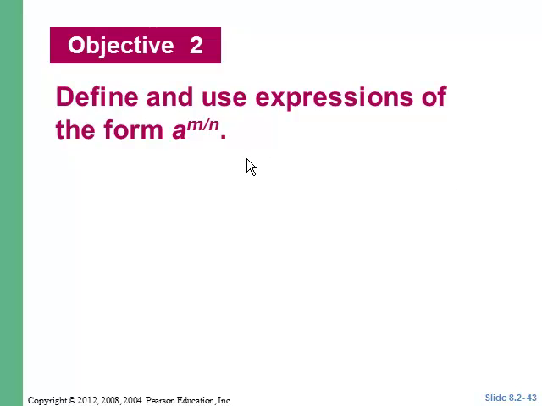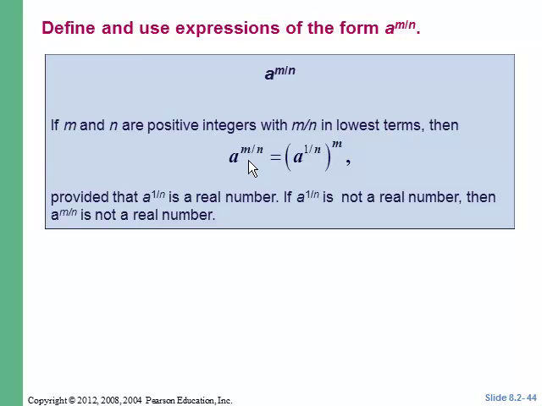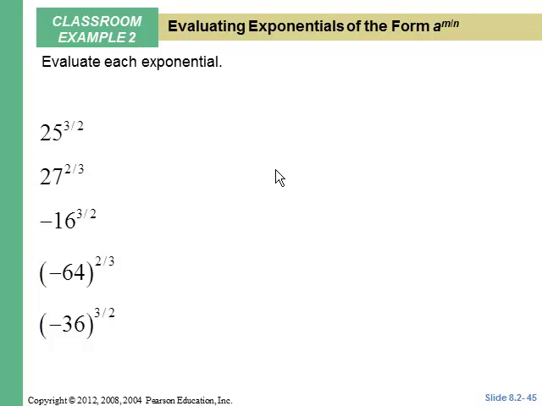If you have a to the m over n, basically what we're saying is we can take that number to that power. So in this case, we can take the square root here to the third, which is 125. We can take the cube root here, which is 3, squared is 9.